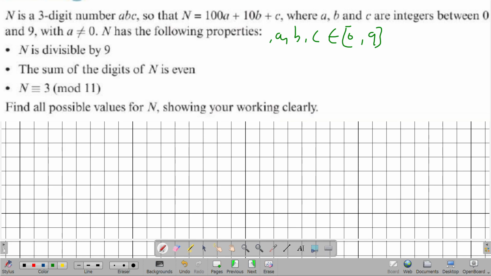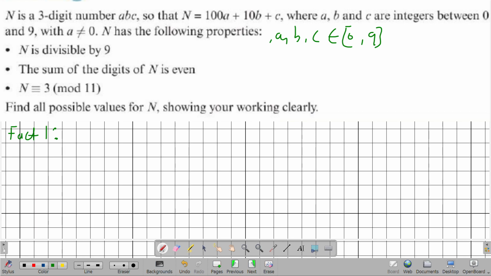So we're looking at fact 1 here. Fact 1 tells us that n is divisible by 9. So if you divide 100 by 9, you get a remainder of 1. So 100 is actually congruent to 1 under mod 9.